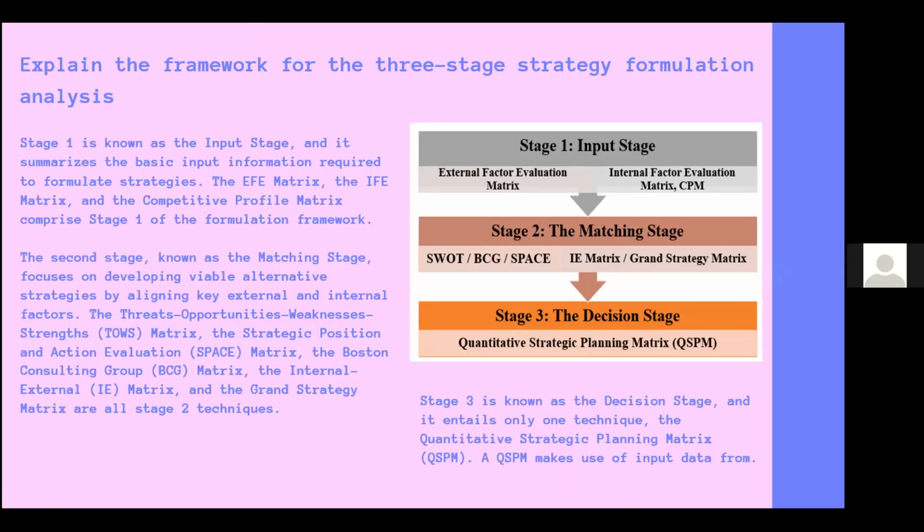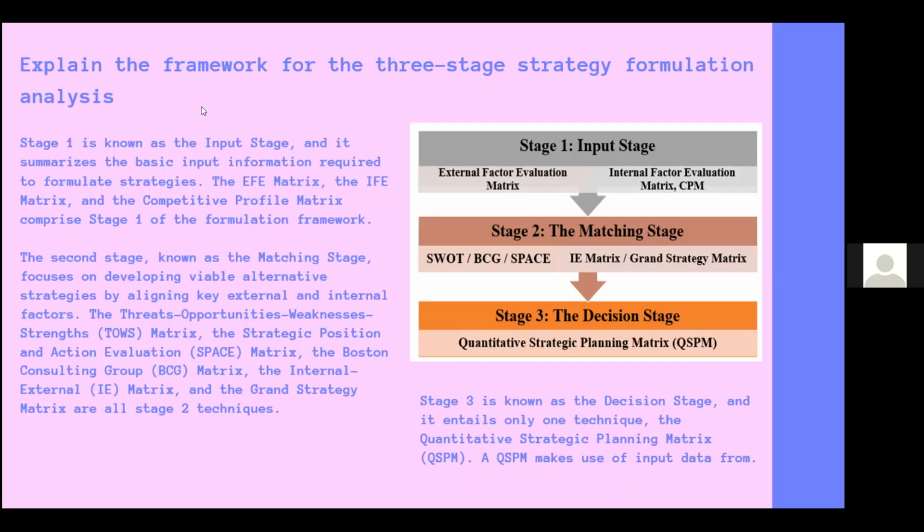Okay, so let me explain the framework for the 3-stage strategy formulation analysis. There are 3 stages, as you can see in the picture. Stage 1 is the input stage, the second is the matching stage, and third is the decision stage.